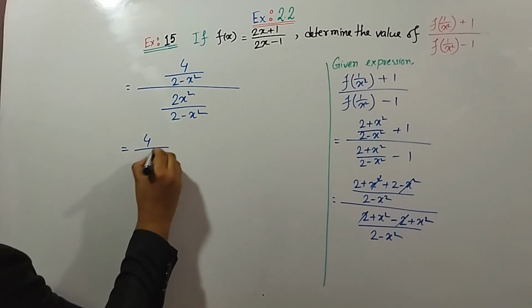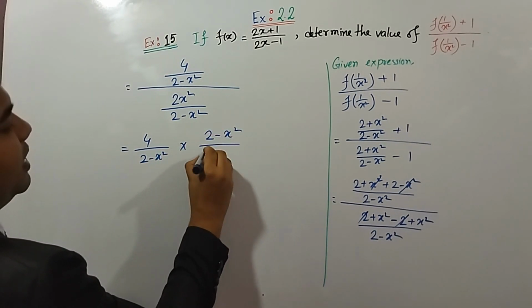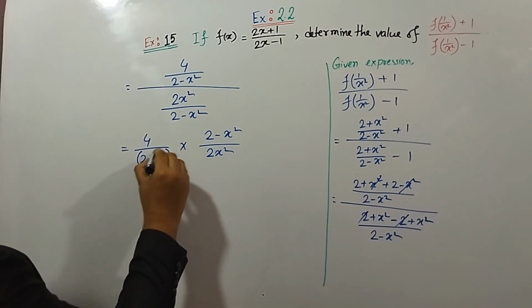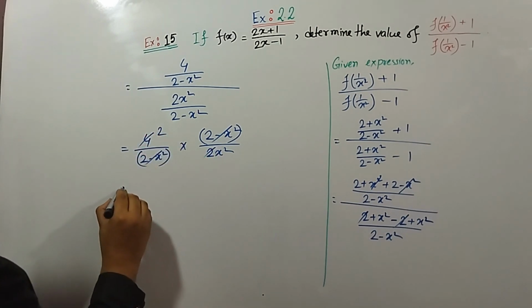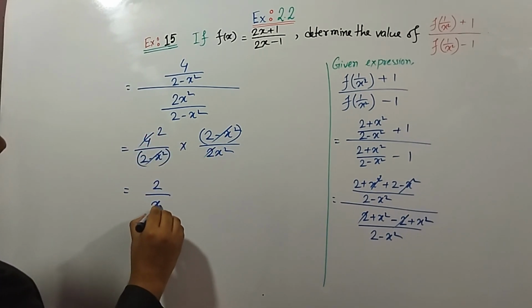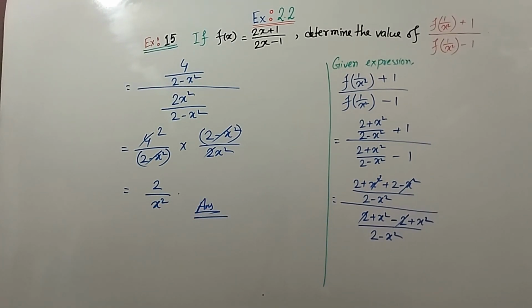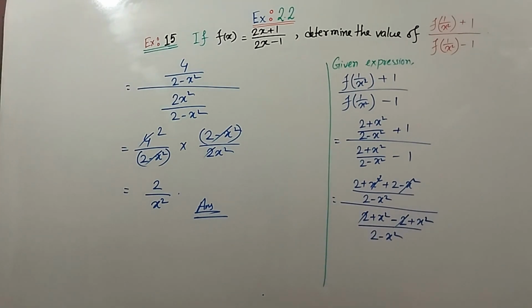So 4 by 2 minus x square is multiplied with 2 minus x square by 2x square. So this part and this part just gone. Here this is gone. So 2. So the answer is 2 divided by x square, which is our required answer. Okay. So our question told that we have to find the value of this and the answer has been 2 by x square. So this is how we can solve these types of math very easily.